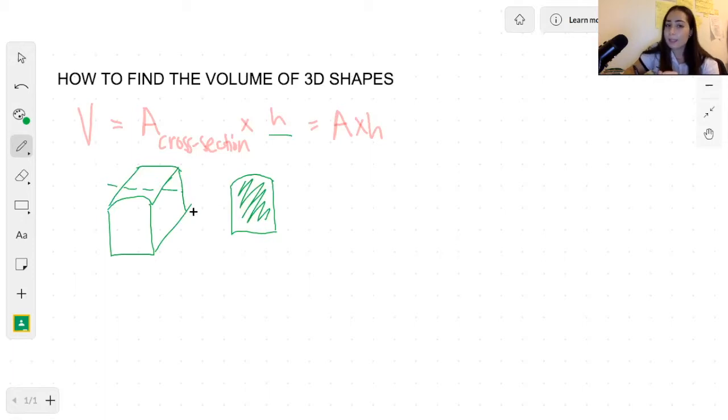Now, the height in this example, I like to best explain it as the face or the distance between the front and the back, right? So in this example, the height would be over here. Because if this is the front, and the reason that this is our front is because that's the cross section. So this is our front and this is our back. And the difference or the distance between the front and the back is our height.